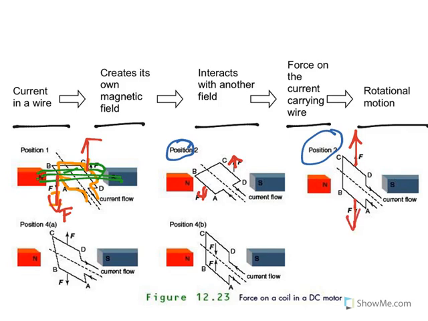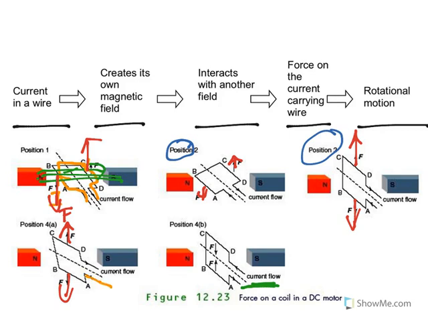So if it's got enough momentum, it'll rotate past it, but the issue is that even then our current is still flowing in the same direction, so we've got force acting there. So what we need to do, as this part of the diagram over here shows, is reverse the current.